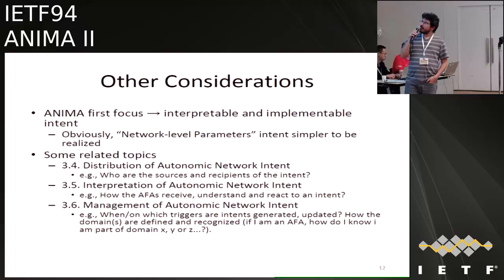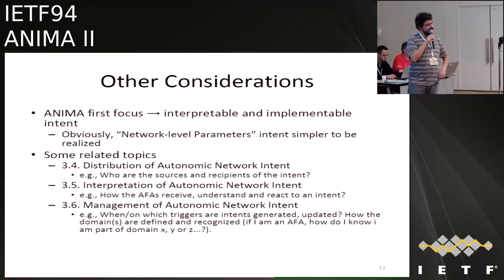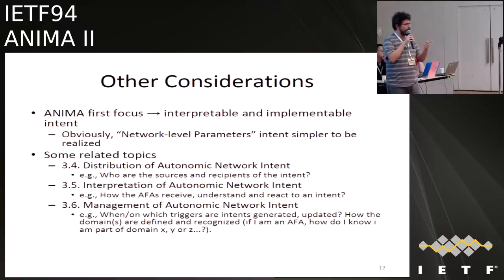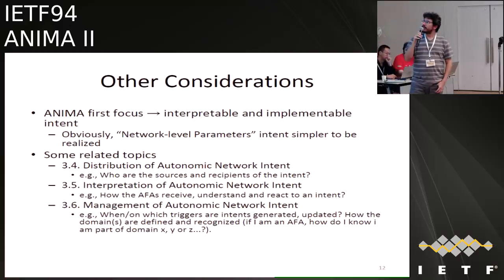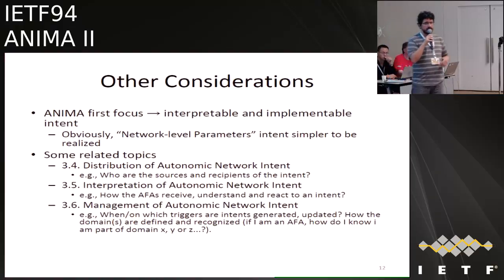The first one is the distribution of autonomic network intent, which is kind of what the previous presentation, the version by Bing, was about. How to interpret the intent, so in which way each autonomic function agent will interpret the intent information to come to the individual commands to configure the network, and also how to manage the autonomic network intent.